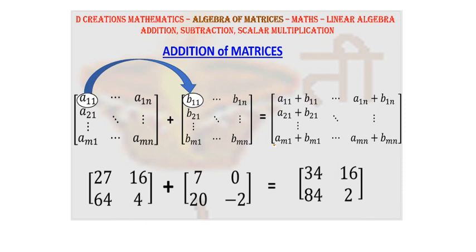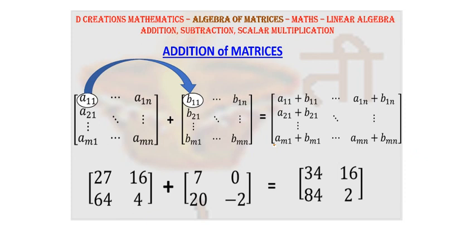As I said, had there been 3 matrices, the rule goes the same. It would have been A11 plus B11, and if there was another matrix C, then you would add C11 to that. So the first element would have become A11 plus B11 plus C11, and so on and so forth. So the idea remains the same. Once you understand this basic operation, you can extend it to any number of matrices.